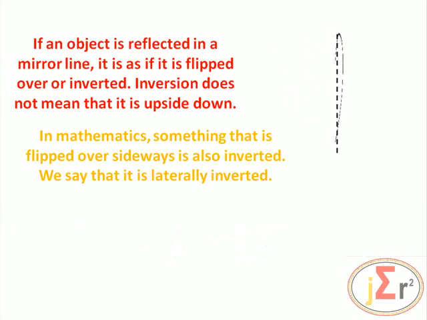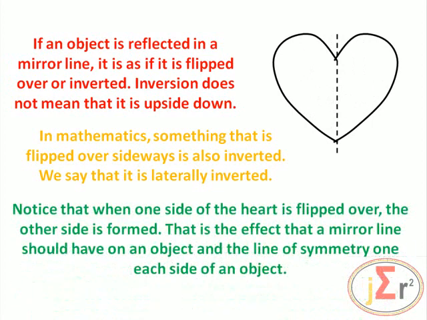So the axis of symmetry of the object will result in one half of the object being a mirror image of the other, and if it is a mirror image of the other, then it is as if it is flipped over sideways or laterally inverted.